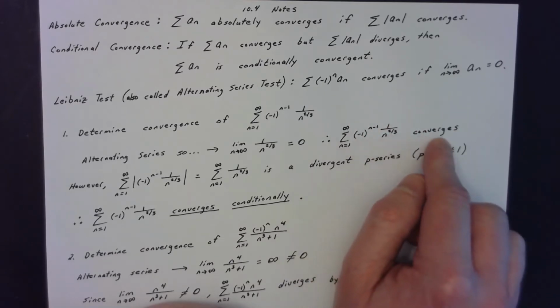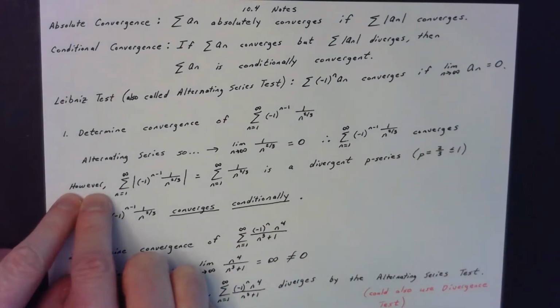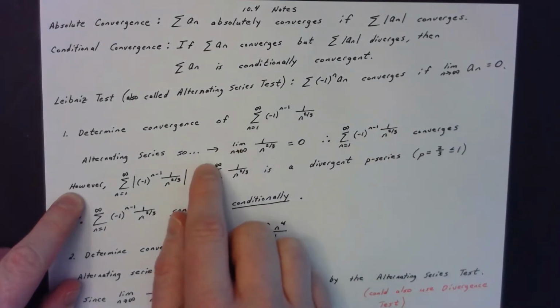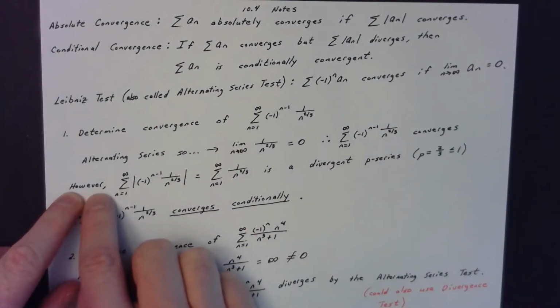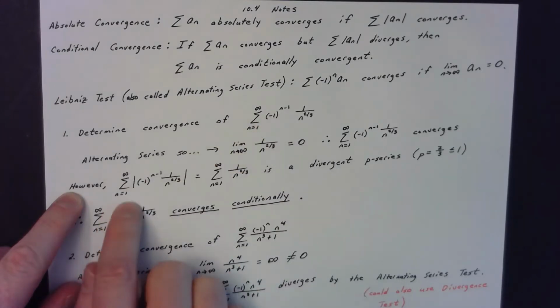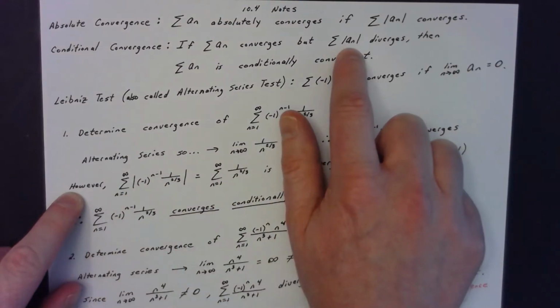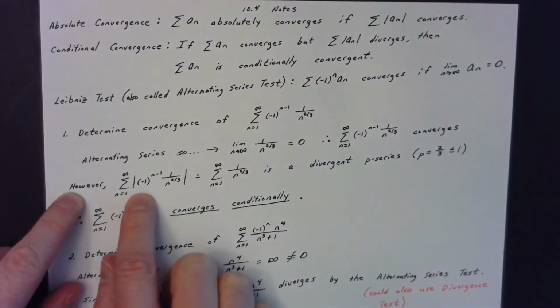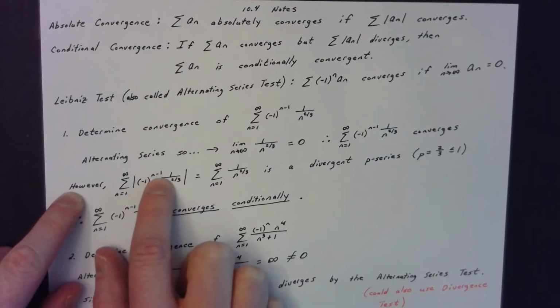That series converges. Now you'll see I put "however." Just because the series converges doesn't mean you can't think about more with these alternating series. I was thinking hypothetically, what if that series didn't alternate in sign? If I think about the absolute value of that series, it would do away with that (-1)^(n-1).